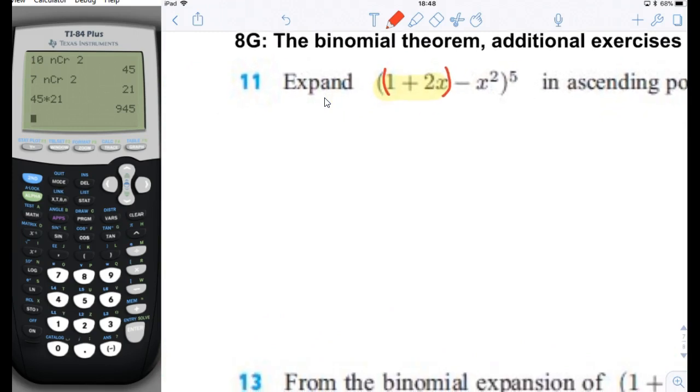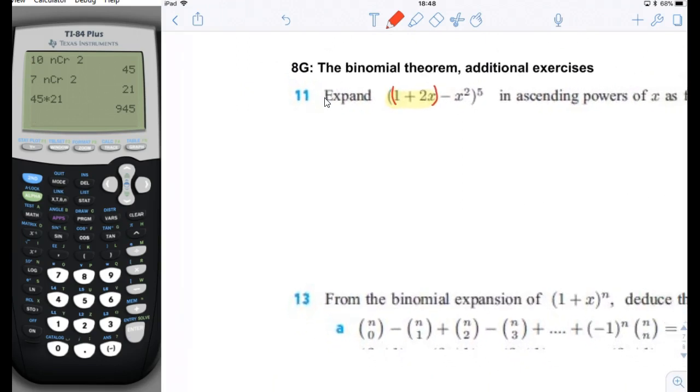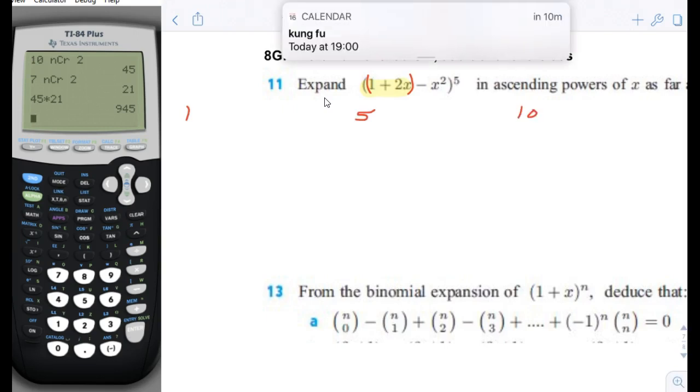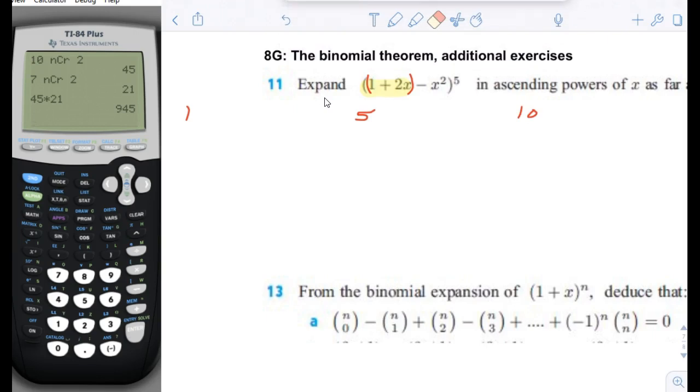If I group it like that, then I know that I have the coefficients for the number 5 row of Pascal's triangle. So I know that it would be 1, 5, 10, 10, 5, 1, okay? And I don't need to go that far because remember, we only need to pay attention to terms that are as high as x to the 4th and not higher than that. But let's do this first.